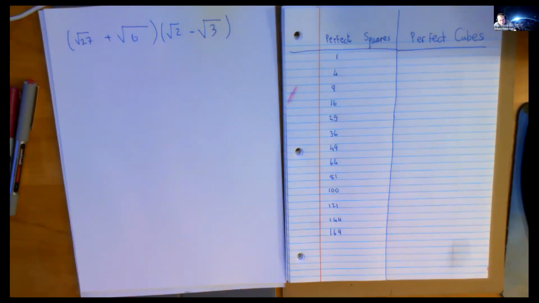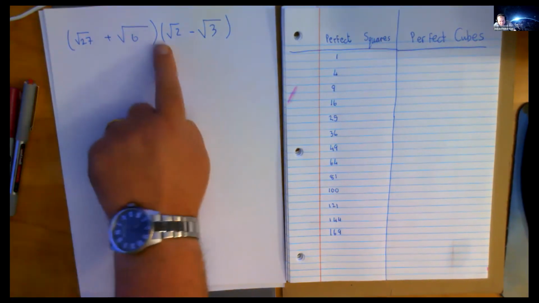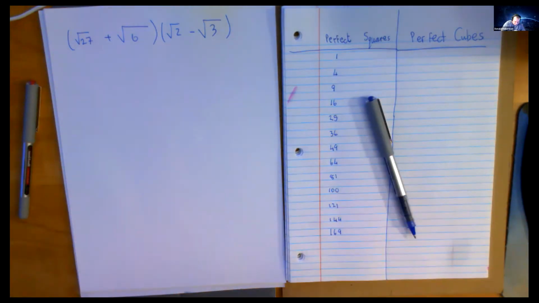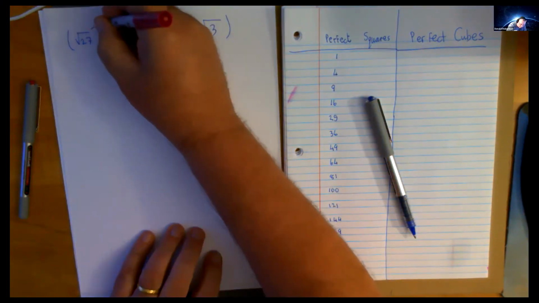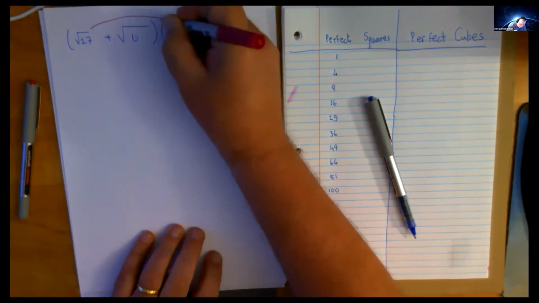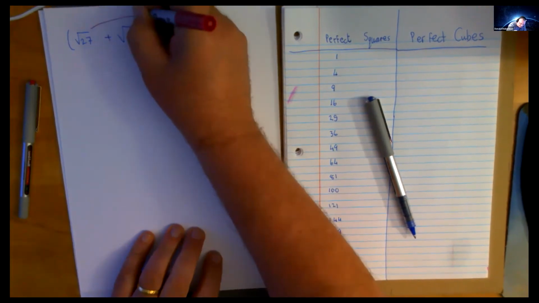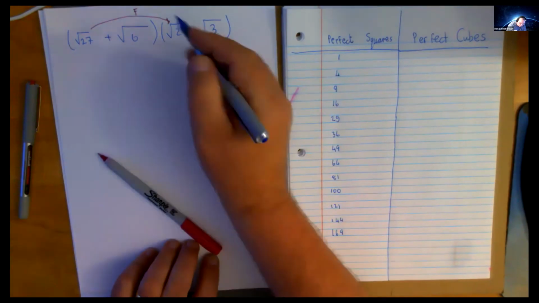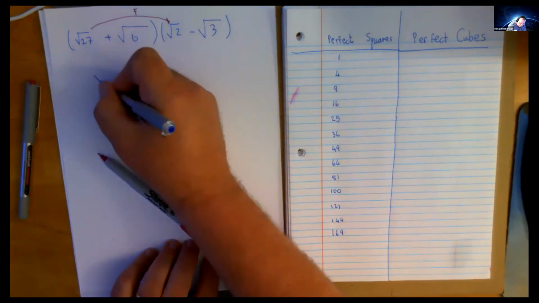Now, when you see 2 terms multiplied by 2 terms, I hope FOIL comes to mind. F-O-I-L. So that's how I'm going to do this one. If you multiply the first together, call that F, you're going to multiply these two, and root 2 times root 27 is root 54.